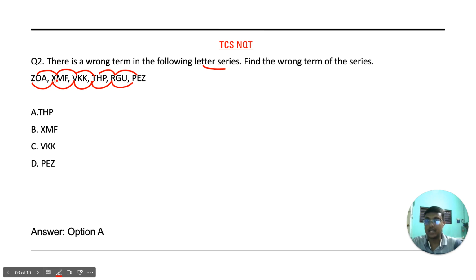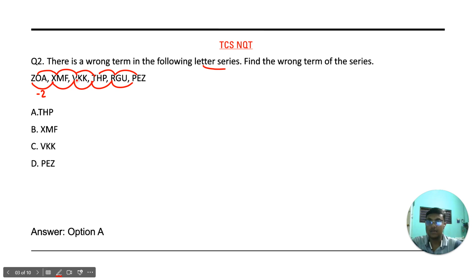The first letters are moving in a decreasing order, like X, Y, Z. So X, then Y is one place, then Z is two places. The next terms are moving two places backwards.